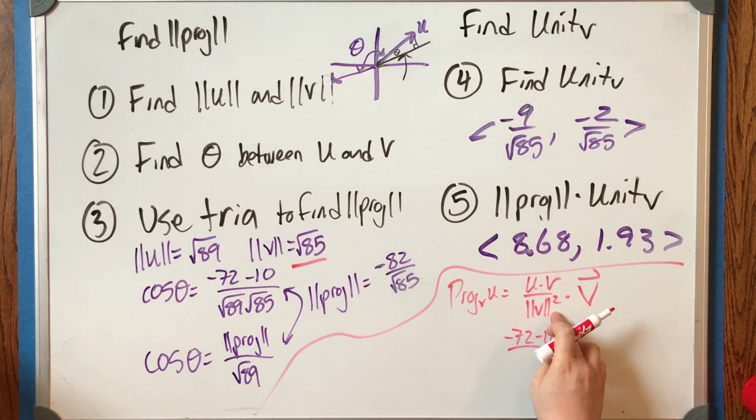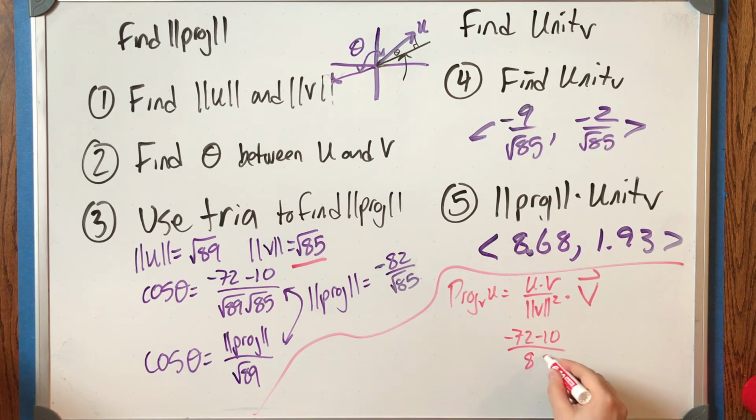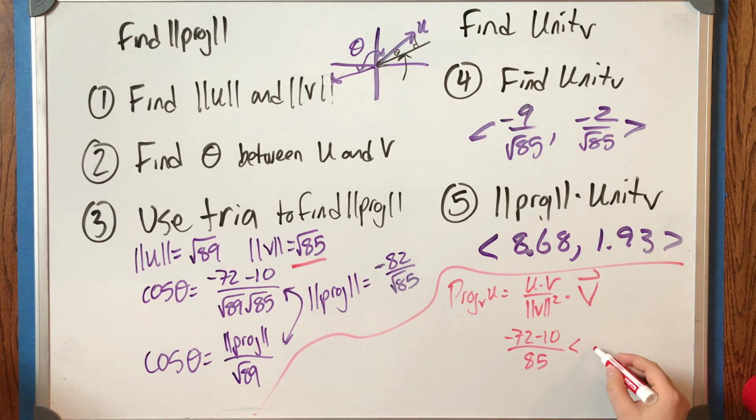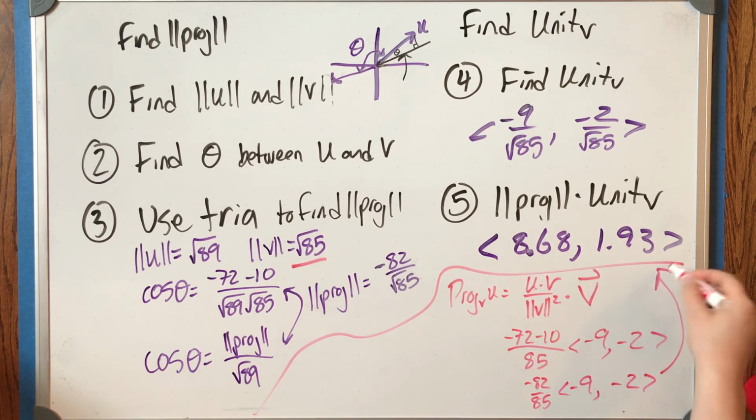To find the magnitude of v squared, it's a square root, so when we square it, it's just going to be 85, and then multiply that by vector v, which was negative 9 comma negative 2. So if we do this, negative 82 over 85, and we multiply that by negative 9 and negative 2, we should end up with the exact same thing, 8.68 and 1.93.